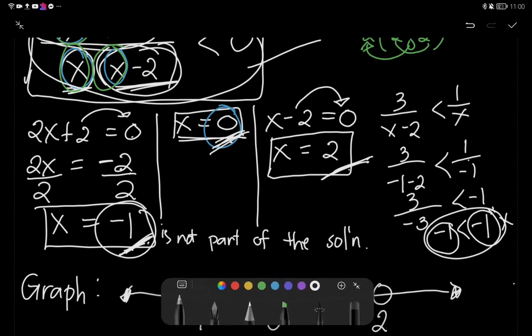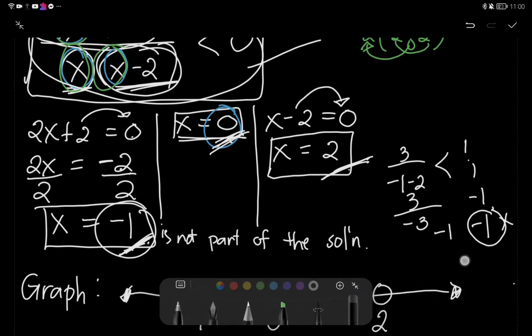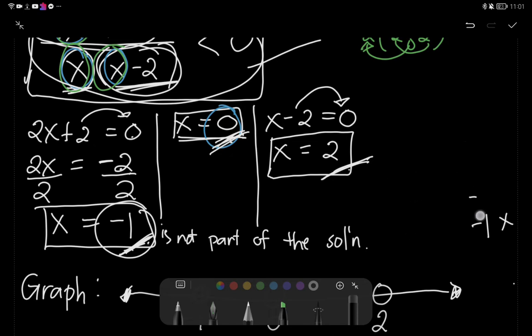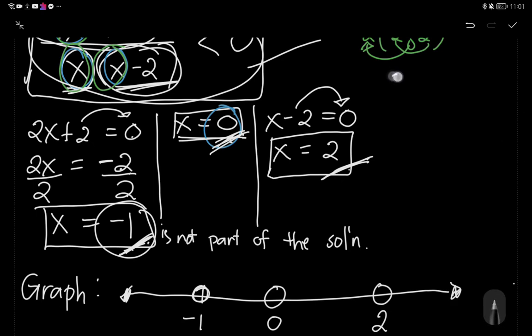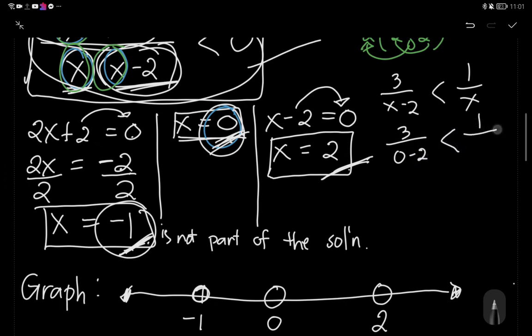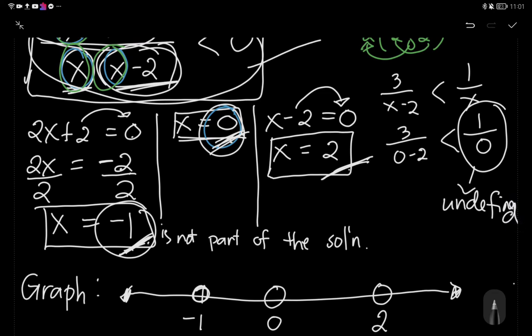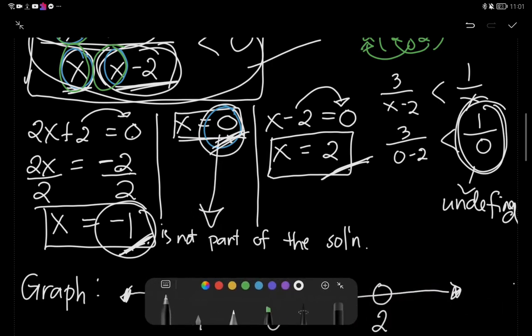Okay, now let's try 0 in the original inequality: 3 over x minus 2 is less than 1 over x. If we substitute 0 here, 1 over 0 is not possible because it is already undefined. So, since it is undefined, automatically 0 is not part of the solution.